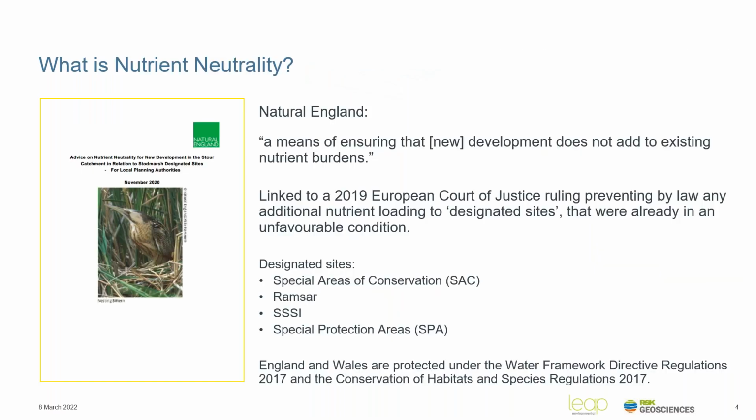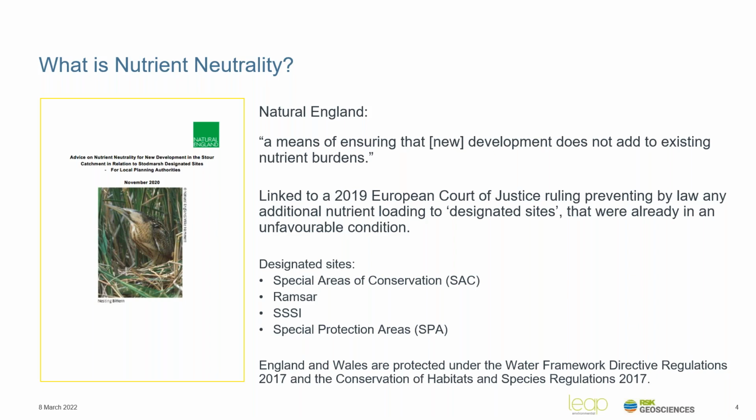So what is nutrient neutrality? Well, it can be described as a means of ensuring that new development does not add to existing nutrient burdens. It's linked to a 2019 European Court of Justice ruling, the so-called Dutch case, which prevents by law additional nutrient loading to designated sites that are considered to be in an unfavourable condition, so at risk of detrimental impact.